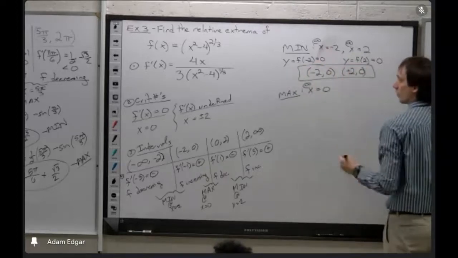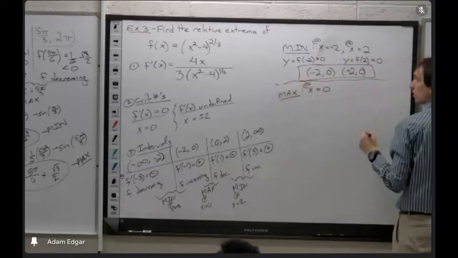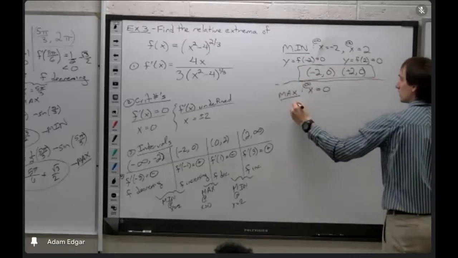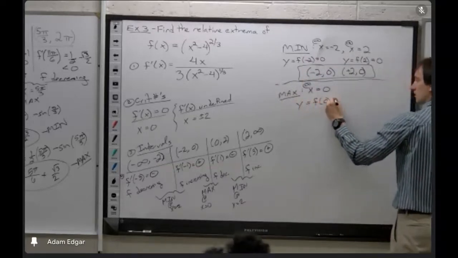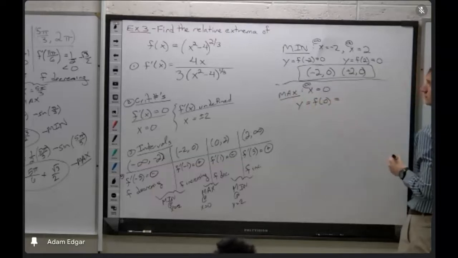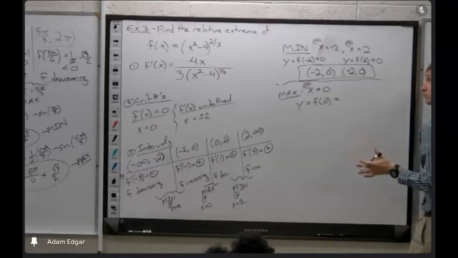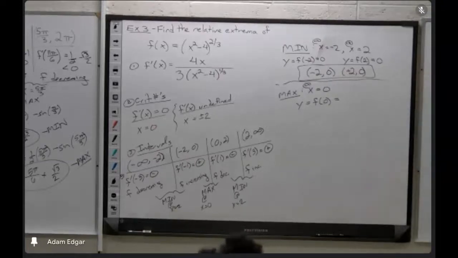For the maximum, you plug in 0, and what do you get? And it's allowed to be ugly. All right, if you don't want to make it a decimal, that's okay.